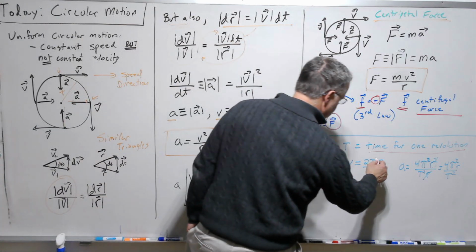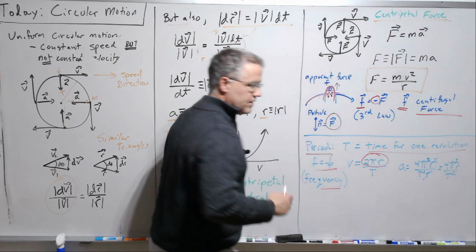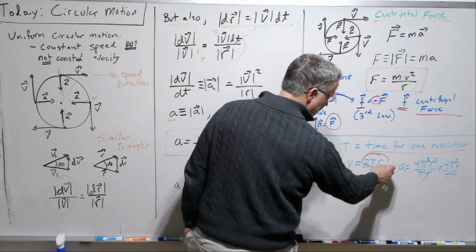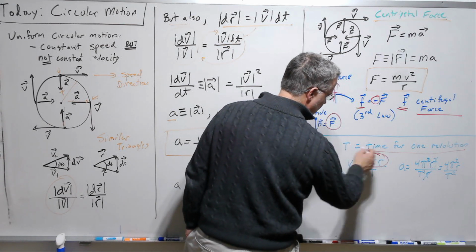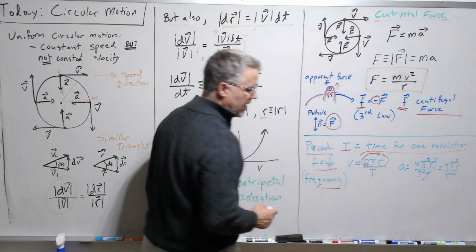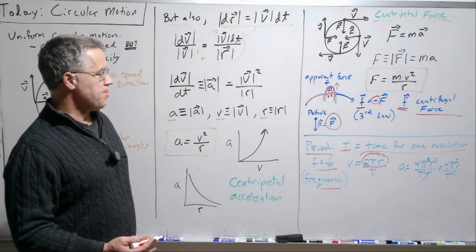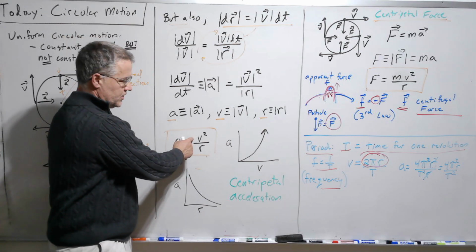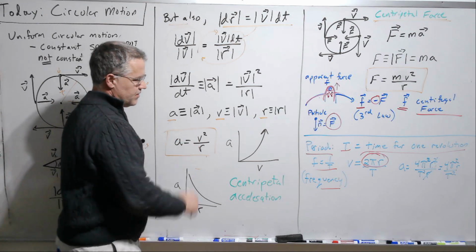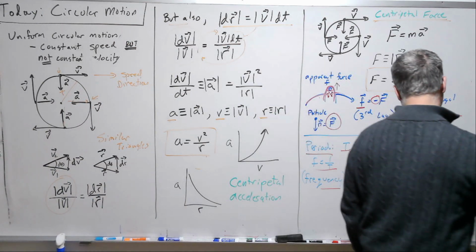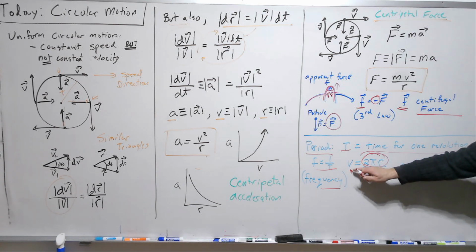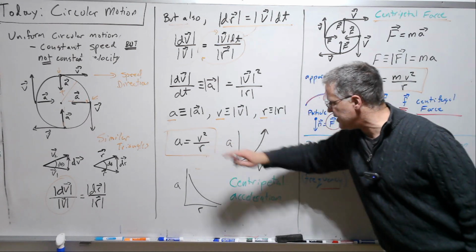Now the velocity is related to the period as well. So we know that the circumference is 2 pi r, and then how long does it take to go that distance 2 pi r? Well, in the period. So 2 pi r over the period is the velocity. Now we can stick it back into this equation. We have the velocity, we have the position, and so we can place it into this equation.